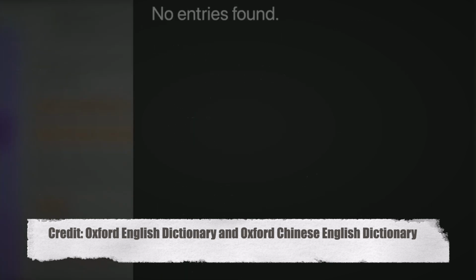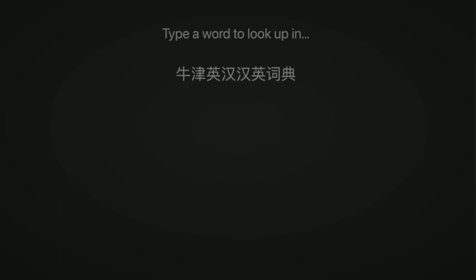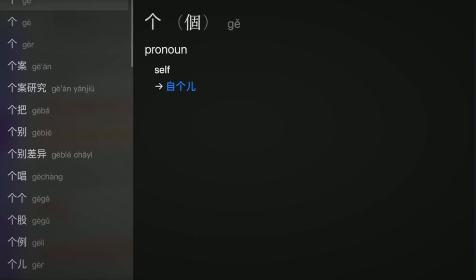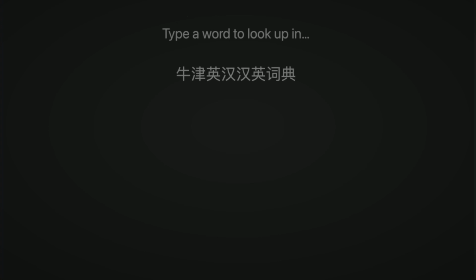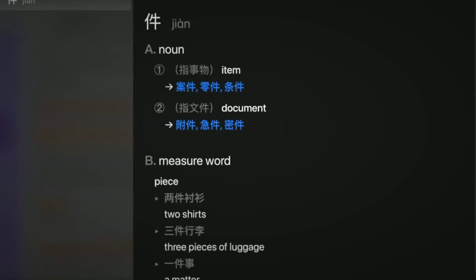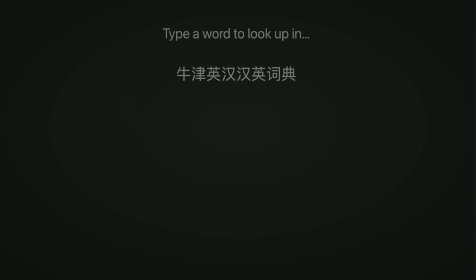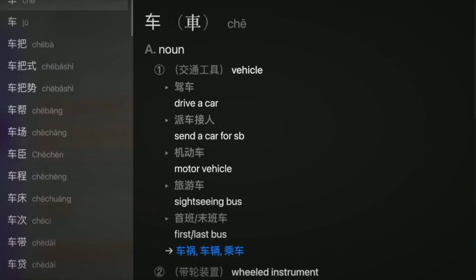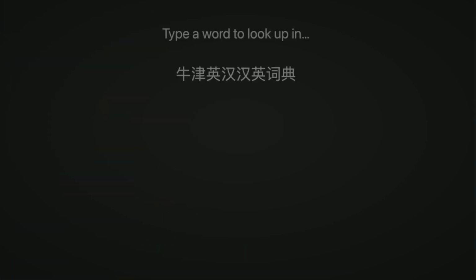Or jian, 一件衣服, right? So, a word, article.